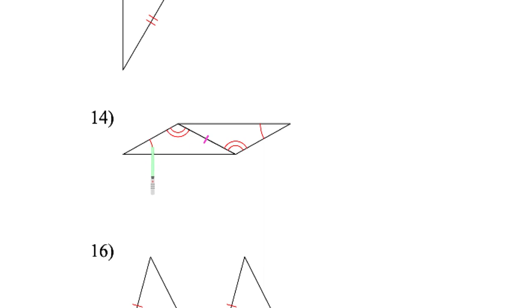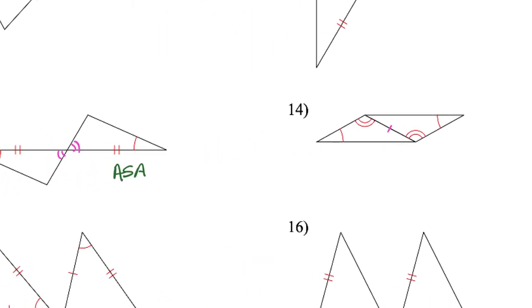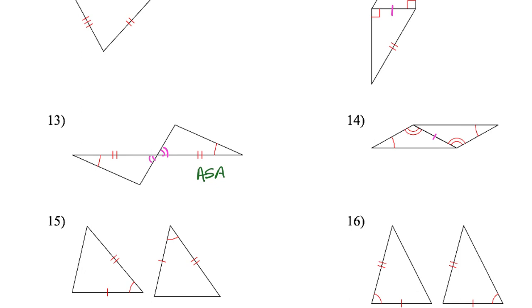So we get angle, angle, side. Now look at the difference here between 14 and 13, right? In this case, my side is between the two angles that are congruent. So that's why it's angle, side, angle. On this one, the side that is congruent is opposite to one of those two angles. It's not between the two angles, right? So that means that this is angle, angle, side.